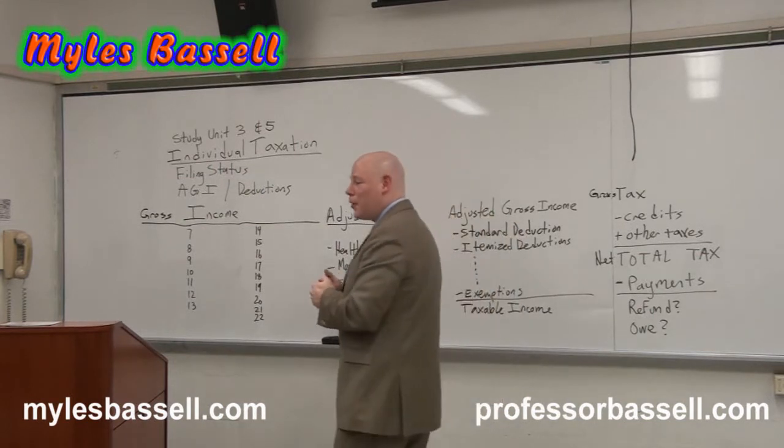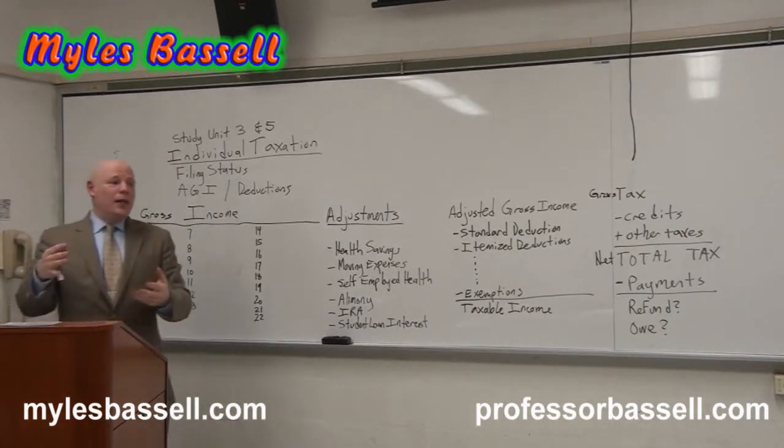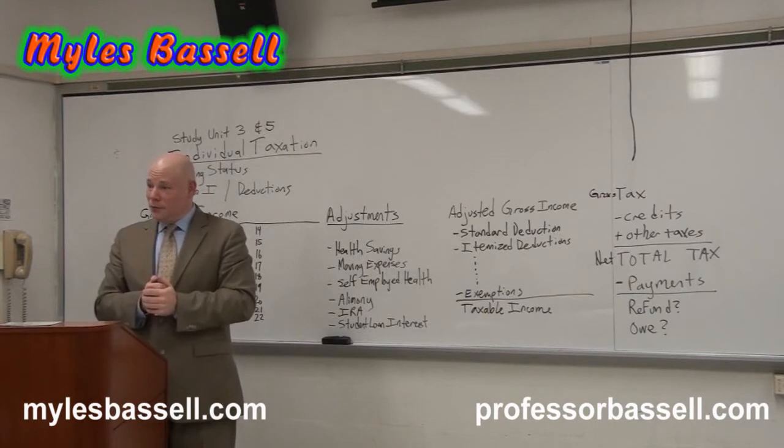So there's a certain amount of withholding, and the reason why that money is withheld is because the expectation is that you owe that money to the U.S. Treasury.